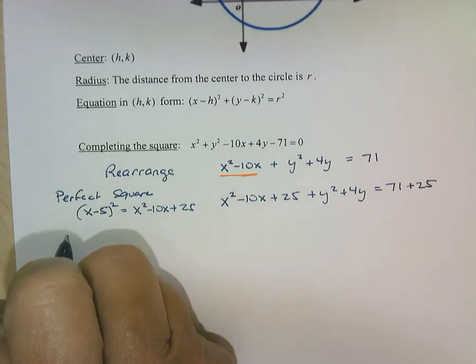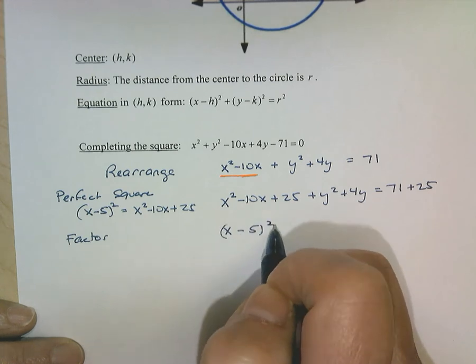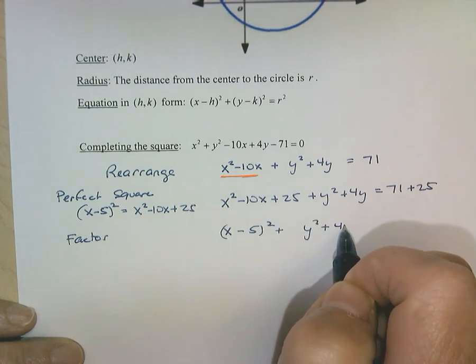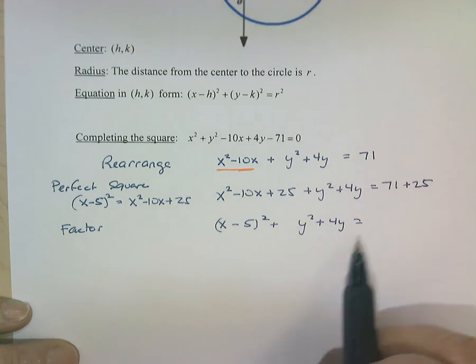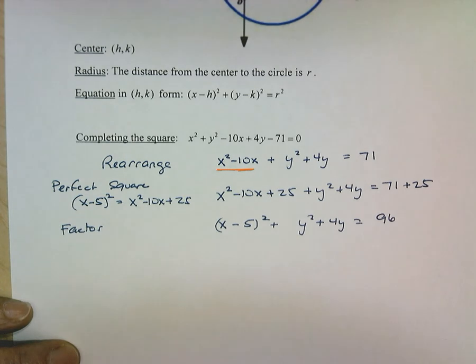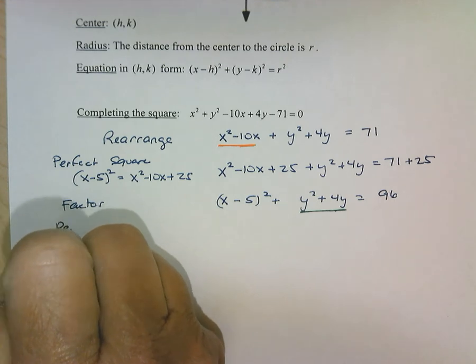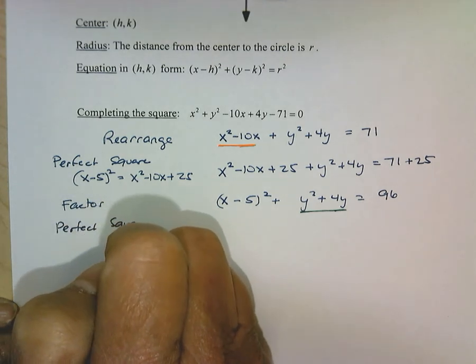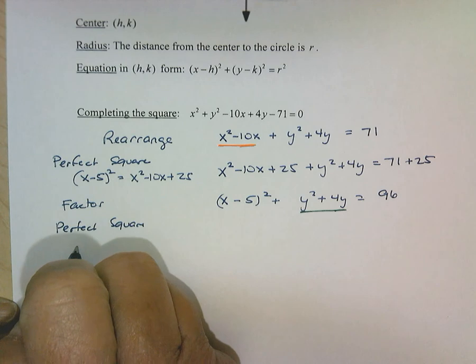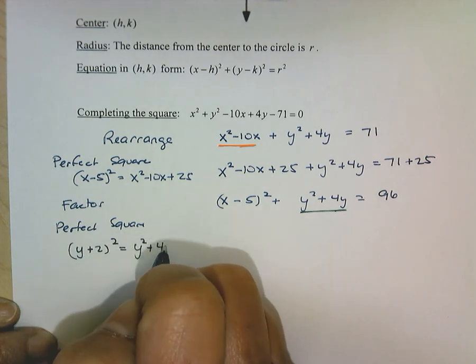That allows me then to factor. So x minus 5 squared plus y squared plus 4y. And when I add 71 plus 25, I get 96. Now I have to do the same thing with the y. So my perfect square there, if I look at this, y plus 2 squared is going to be y squared plus 4y plus 4.